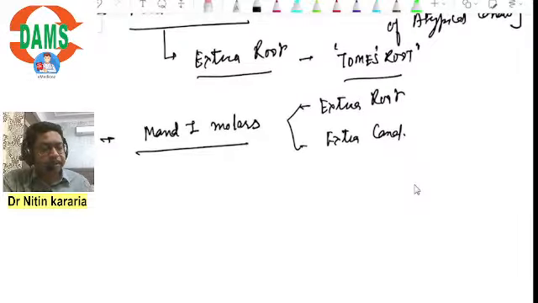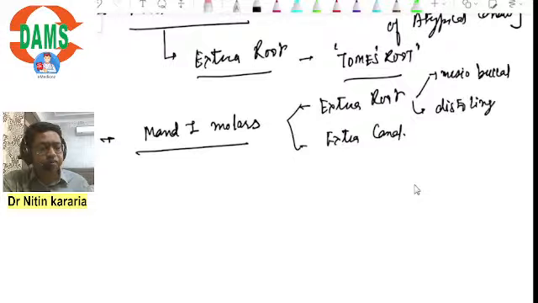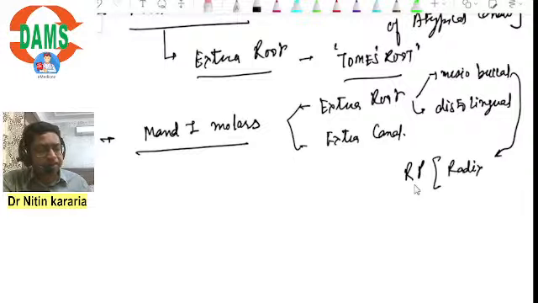An extra root can be an extra mesiobuccal root, or an extra distolingual root. Extra mesiobuccal root is called radix paramolaris. RP is the standard abbreviation.